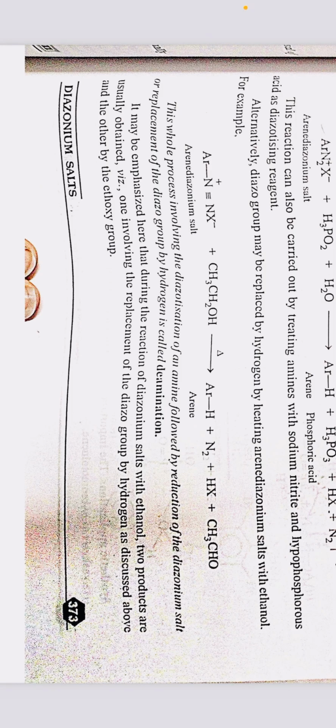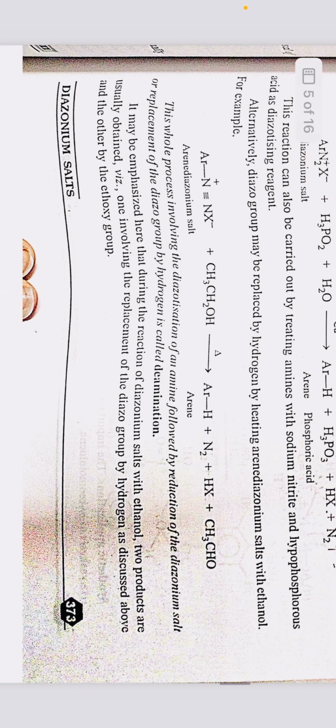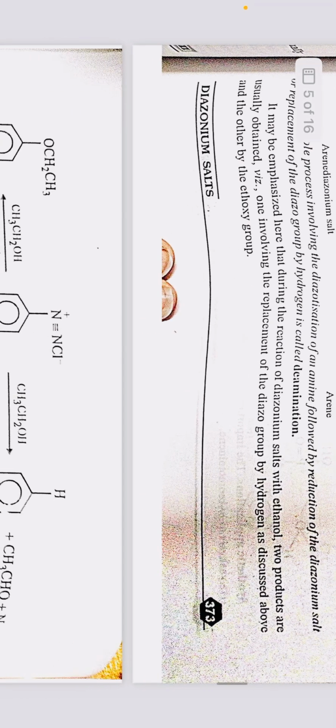This reaction can be carried out by treating amines with sodium nitrite and hypophosphorous acid as diazotizing agent. Alternatively, the diazo group may be replaced by hydrogen by heating the arene diazonium salt with ethanol. The whole process involving the diazotization of an amine followed by the reduction of diazonium salt, or replacement of the diazo group by hydrogen, is known as deamination.